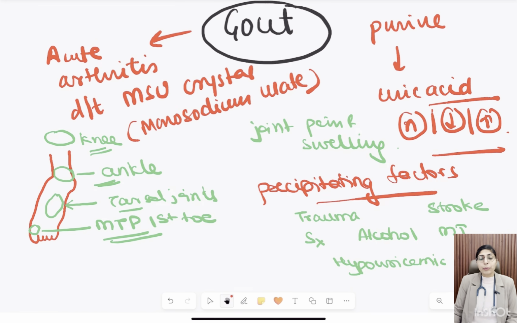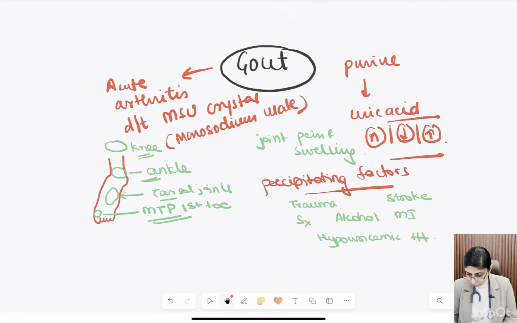Because whenever we give hypouricemic treatment, the uric acid levels in blood go down drastically and very rapidly. And when they go down, the crystals that have already formed may get deposited. So it's a precipitating factor. It can precipitate the deposition of crystals into the joint. Just high uric acid level in the blood doesn't lead to gout. That is not the only risk factor for gout, but that is the most common one.